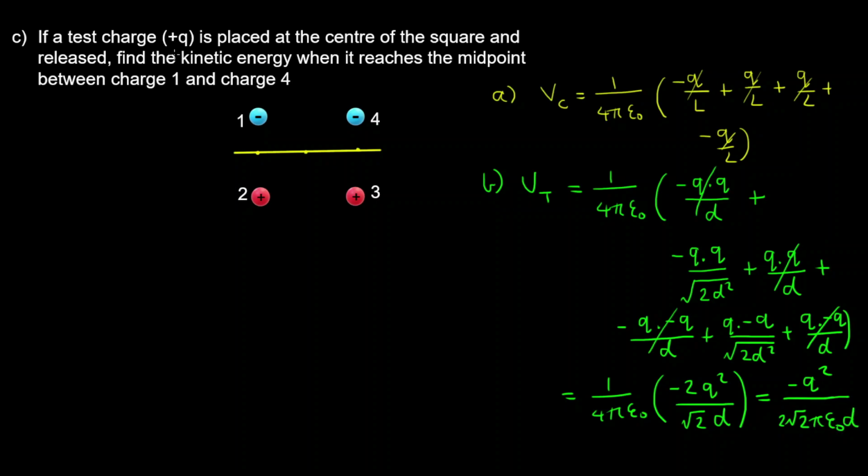Now we're asked, if a test charge plus q is placed at the center of the square and released, to find the kinetic energy when it reaches the midpoint between charges 1 and 4, which we'll call point A. Recall that the change in kinetic energy is the negative of the change in potential energy.